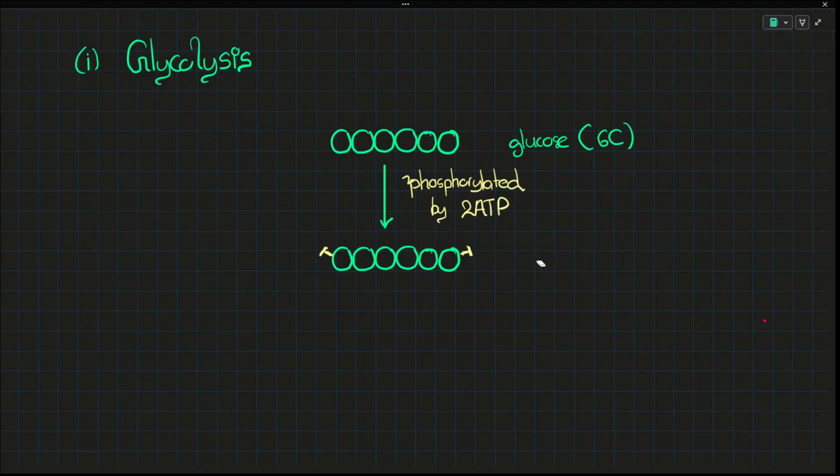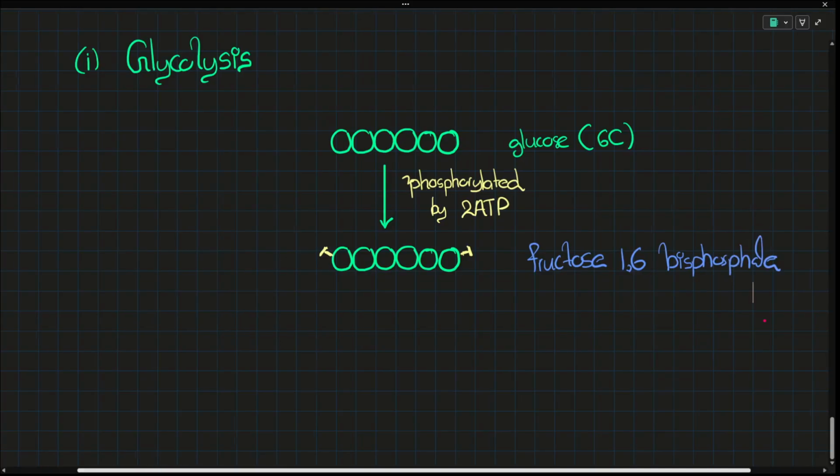It's no longer glucose. It contains extra ATP molecules. No, this new molecule that is produced is actually known as fructose 1,6 bisphosphate.